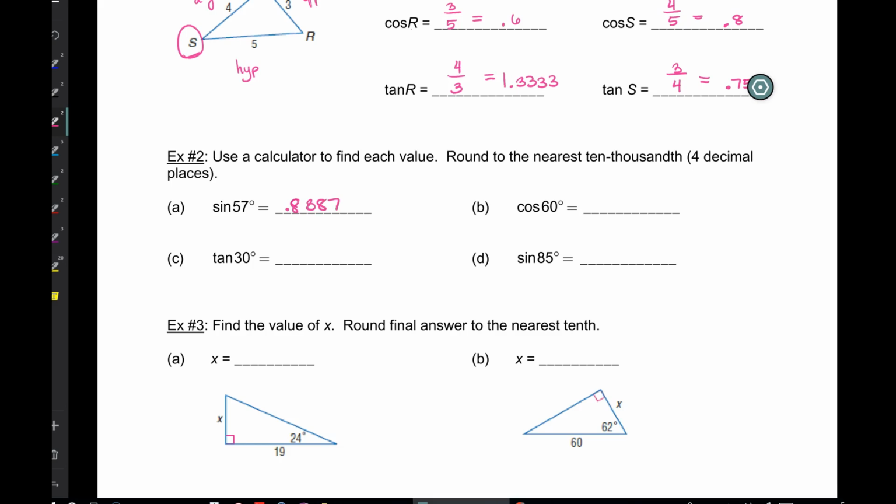Next, go back to the trig, and we want to press cosine of 60 degrees. So that's 0.5. Tangent of 30 degrees is 0.5774. And sine of 85 is 0.9962.